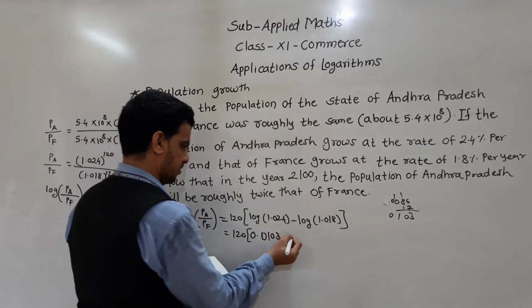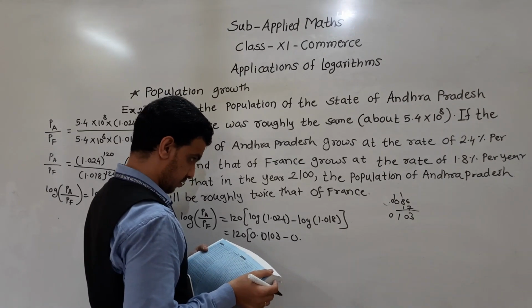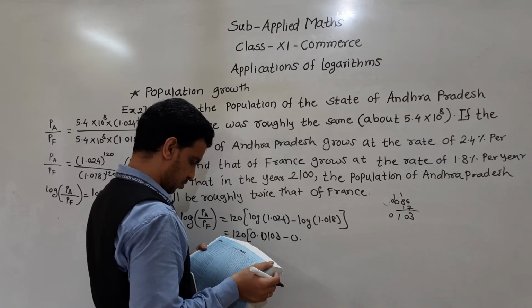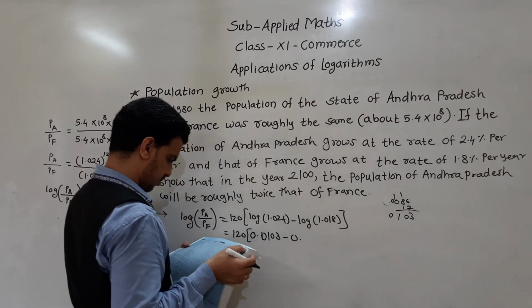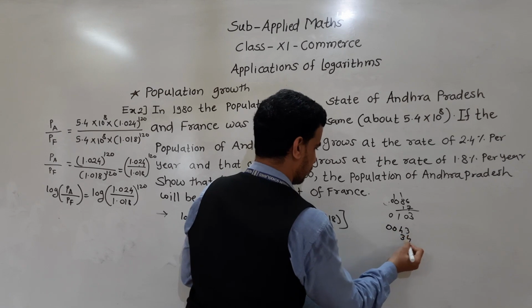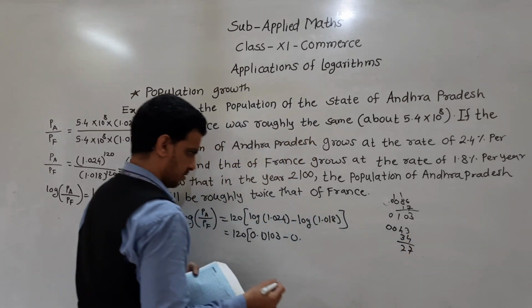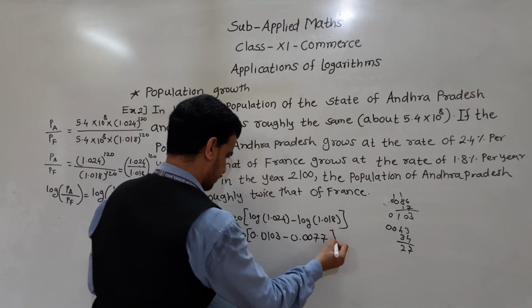0.0103 minus 0.0043 and 34, 0043 plus 34, so it is 0077.